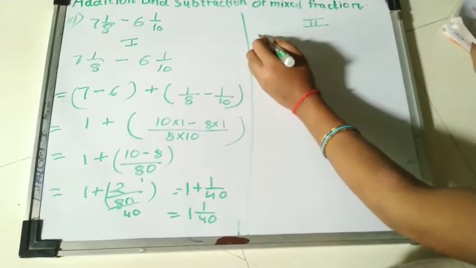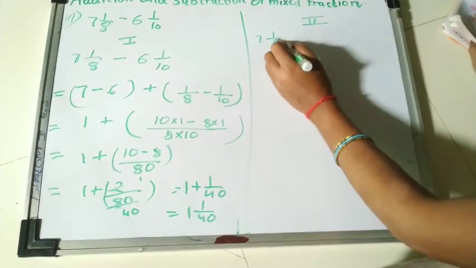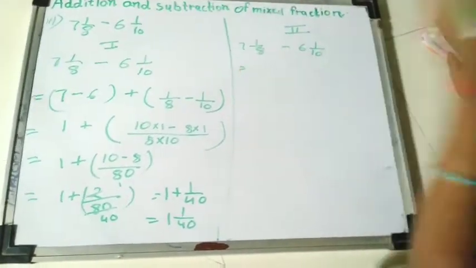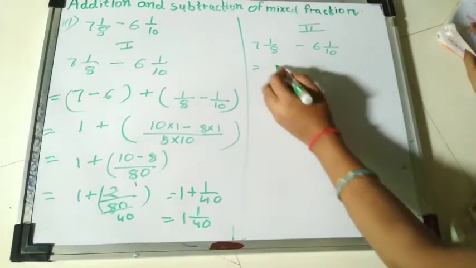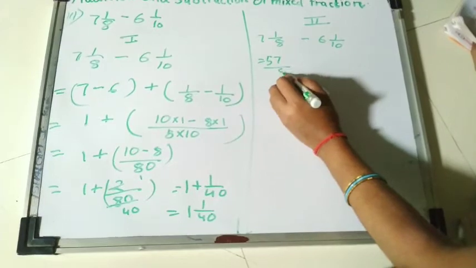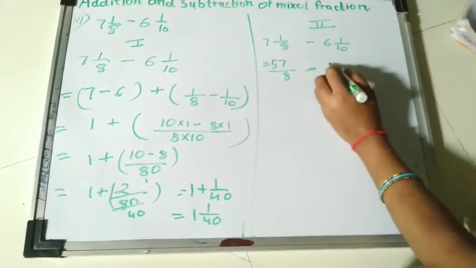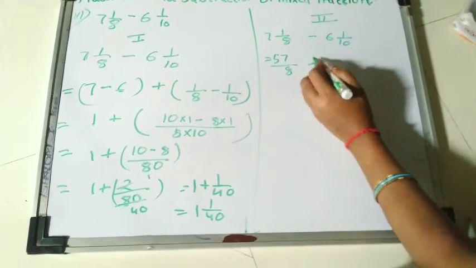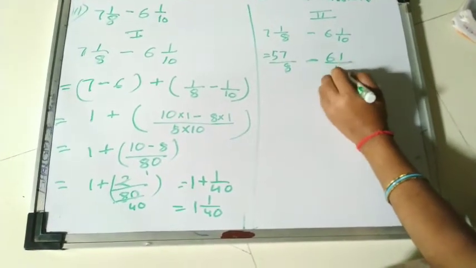Second method is 7 upon 1 by 8 minus 6 upon 1 by 10. 7 times 8 is 56 plus 1, 57 by 8, minus 10 times 6 is 60 plus 1, 61 by 10.